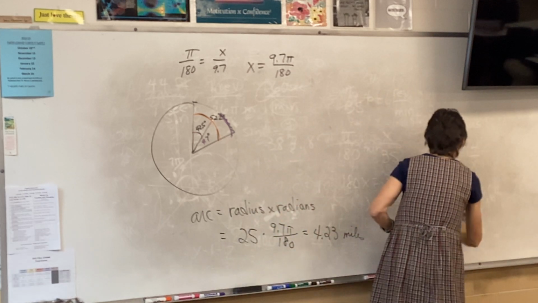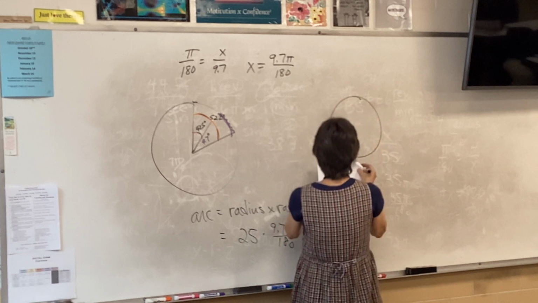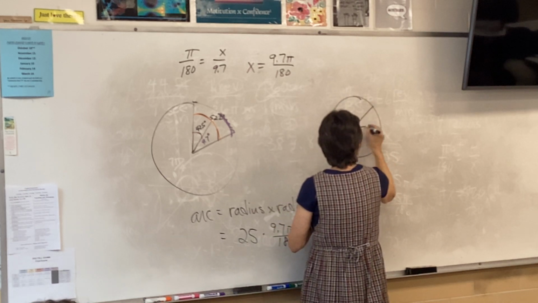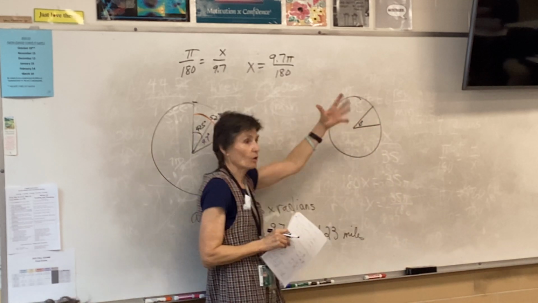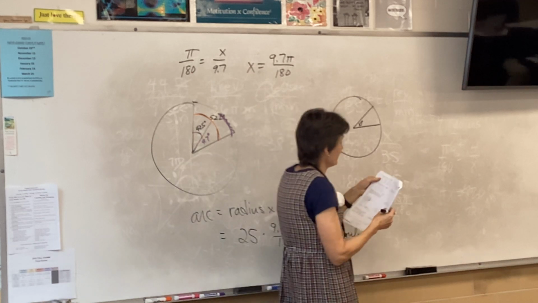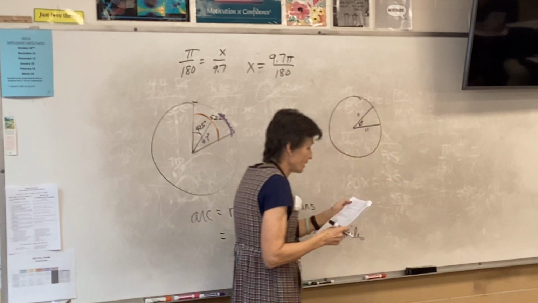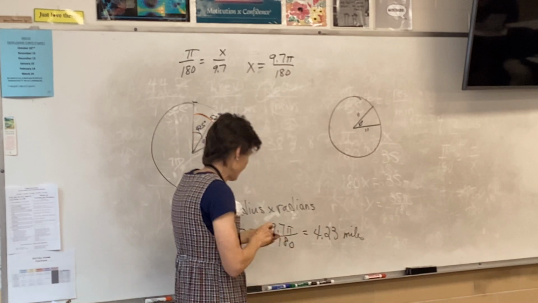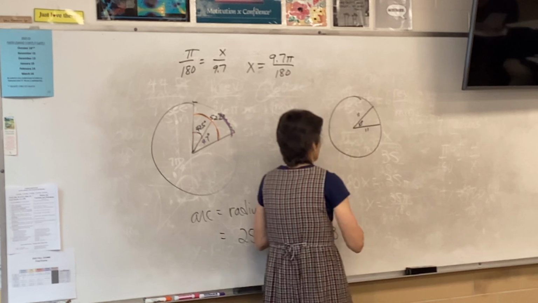This is going to be another arc length problem because it says I have a 10-degree sector. A piece of pie is called a sector of a circle. And the radius is 11. And I want to know the perimeter of the piece of pie.